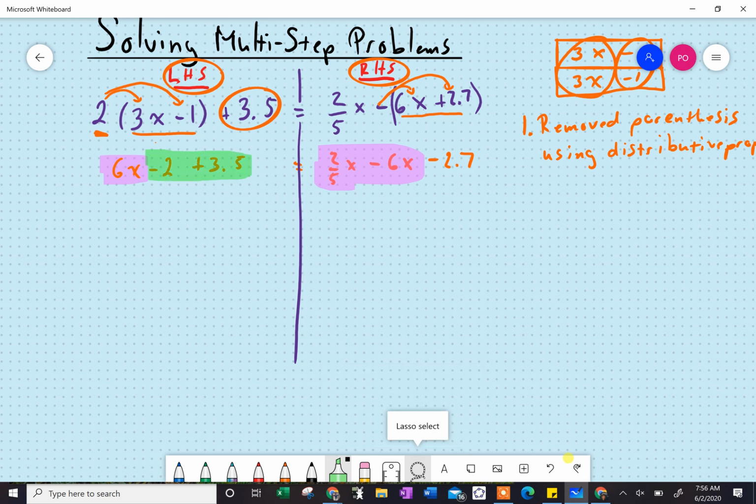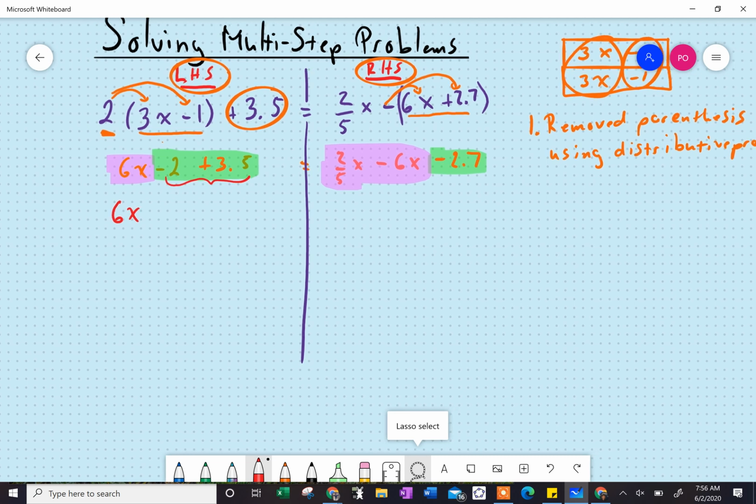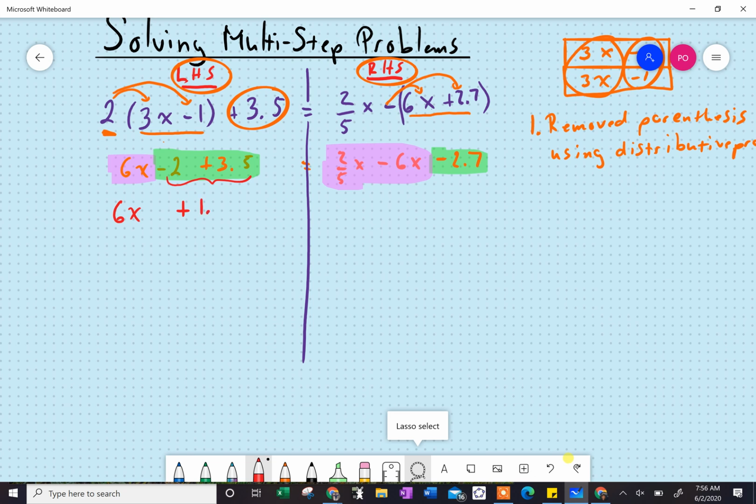I'm going to try to keep all of my variables on one side. But first I'm going to combine these. If I have 3.5 and a negative 2, I can combine that, and that will add to 1.5.